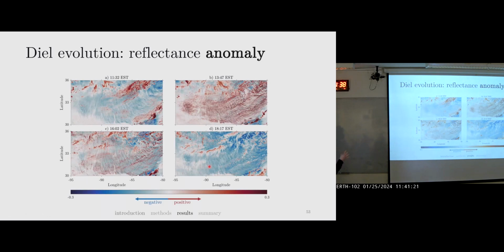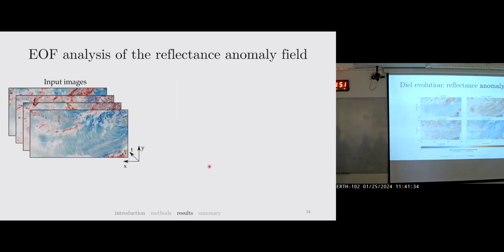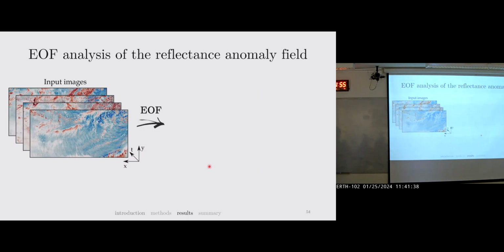So here the reddish colors correspond to positive reflectance anomalies, or positive perturbation from the mean, and the bluish colors correspond to negative reflectance anomalies, sorry. And it's these reflectance anomalies that we then use as an input to an EOF decomposition. So briefly, EOF stands for empirical orthogonal functions.